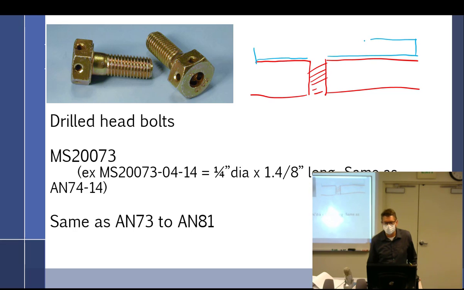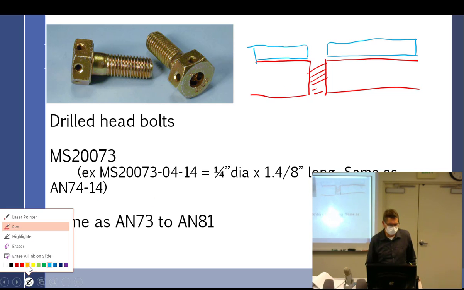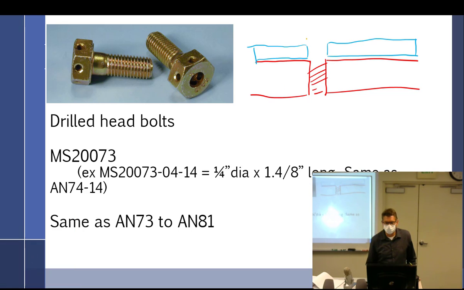All right. Got to imagine this is just one piece here. And then the bolt comes through and it's threaded in there. You got the bolt head and it's got the little safeties through it. Terrible to draw, sorry.